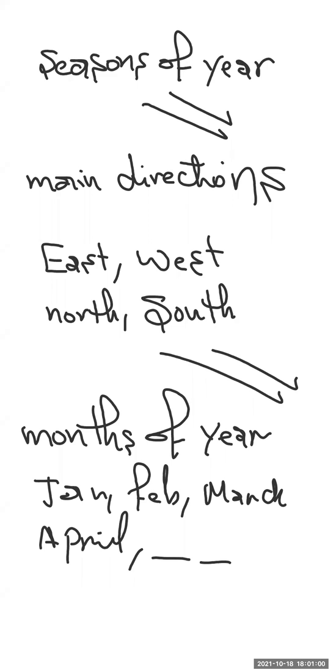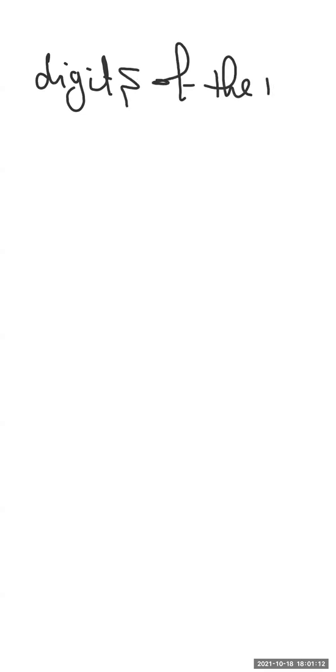Like also some different examples like that. If I say one example like this, digits of the number 213. Of course, this one, we can consider that it's a set.